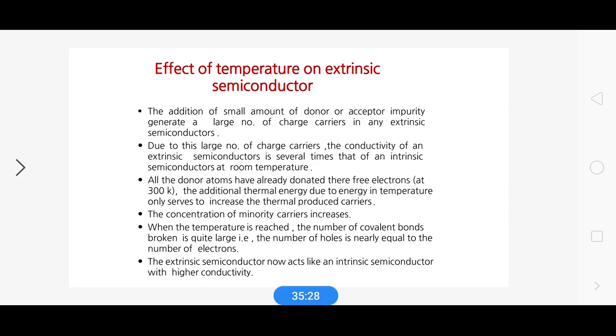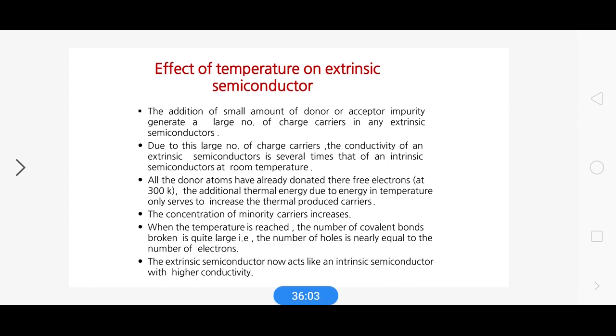Due to this large number of charge carriers, the conductivity of the extrinsic semiconductor is several times greater than the conductivity of the intrinsic semiconductor at room temperature. At room temperature, only by breaking of the covalent bonds are some holes and electrons formed, and the conductivity is very less.